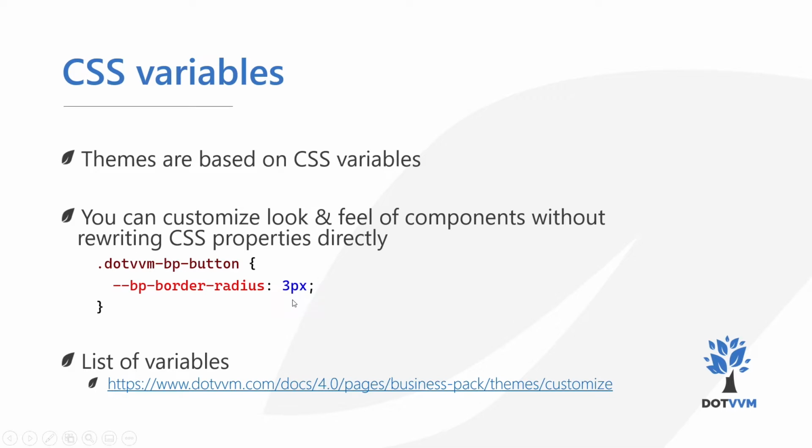So if you, for example, place this CSS in your page, then the buttons from Business Pack, this prefix, will get this variable set up. And if you look at the list of variables which we are supporting, you will see that this variable is actually used by button to configure the border radius. So that's how you can make rounded corners on the buttons.